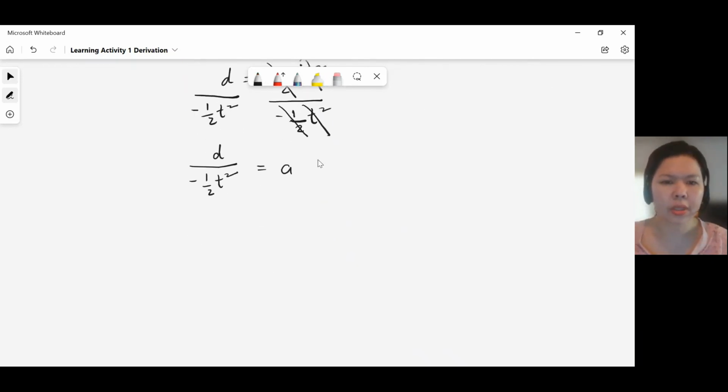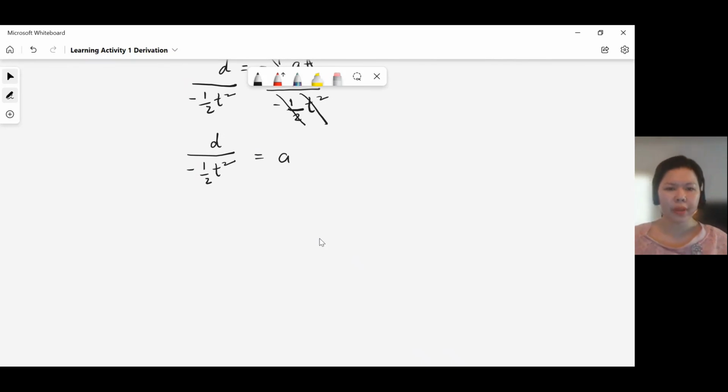express this one in another way. Executing the division of fractions on the right side, we have D times the reciprocal of the denominator, which is negative 2 over T squared.